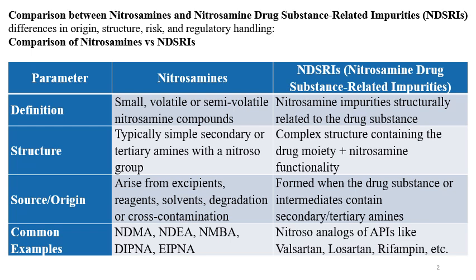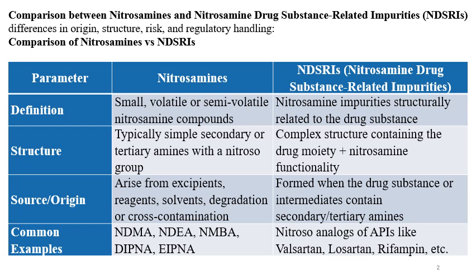So by definition, nitrosamines are the small nitrosamine impurities. These may often be volatile or semi-volatile nitrosamine compounds. Sometimes these may not be volatile. And NDSRIs, on the other hand, are nitrosamine impurities which are structurally related to the drug substance.